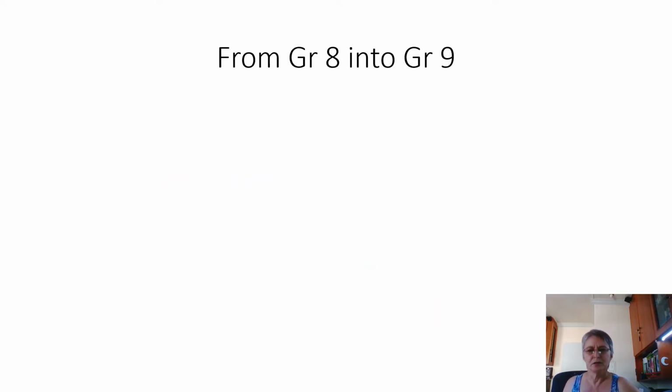From grade 8 to grade 9, let's look at what we learned in grade 8. In grade 8, we wrote down, for example, calcium with the mass number as 40 and the atomic number as 20, and we would say there are 20 protons and 20 electrons and 20 neutrons.